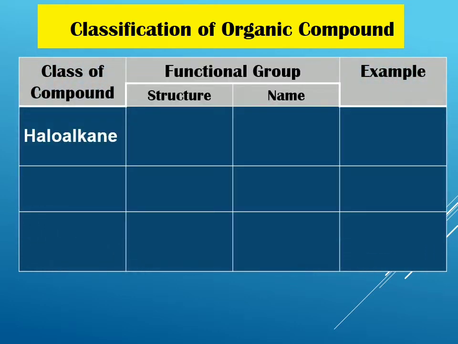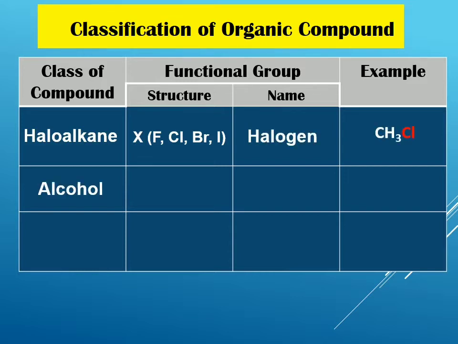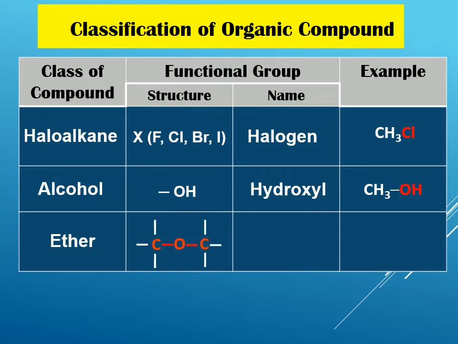For haloalkane compounds, they contain an atom from group 17 such as fluorine, chlorine, bromine and iodine, and the functional group is called halogen. And alcohol has the structure OH and is named the hydroxyl group. And for ether, the functional group structure is made of C-O-C, and we call it alkoxy.